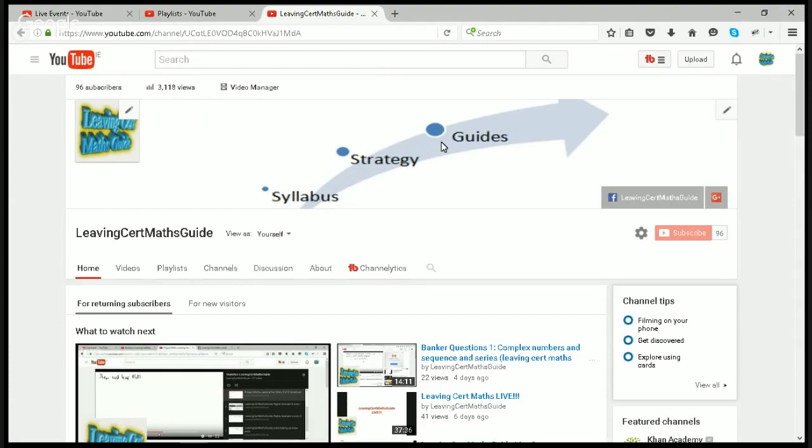So, having done that big, massive preamble, what's the plan today? Well, we've already looked at some bankers from the number strand and probability and statistics. Remember, those two have the most marks, and the lessons for those are available.